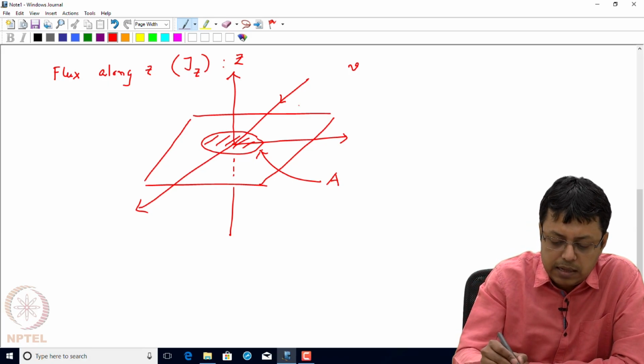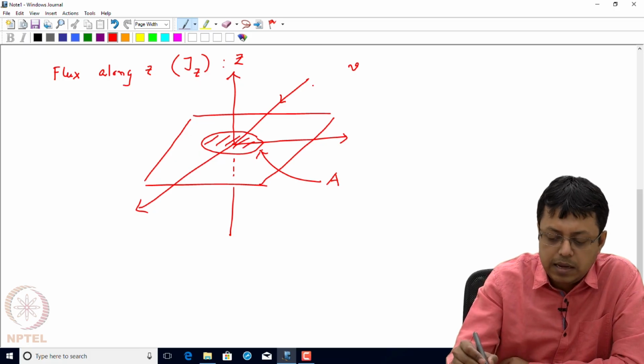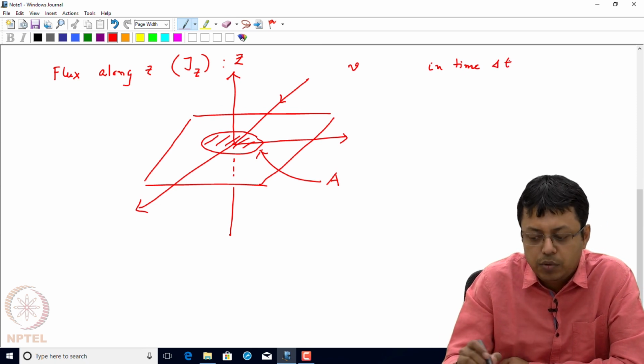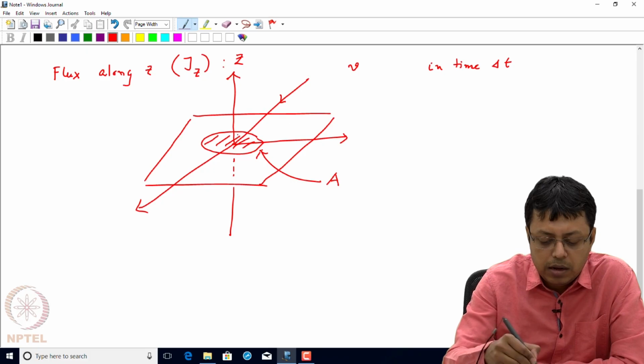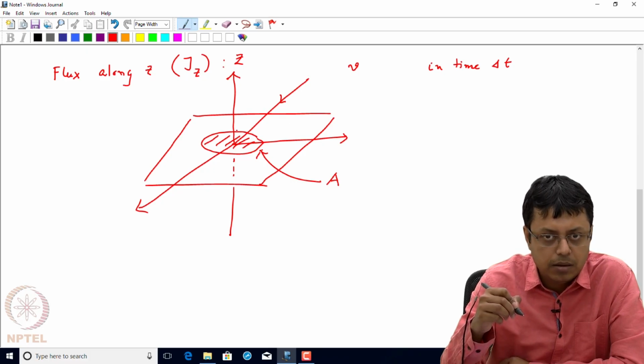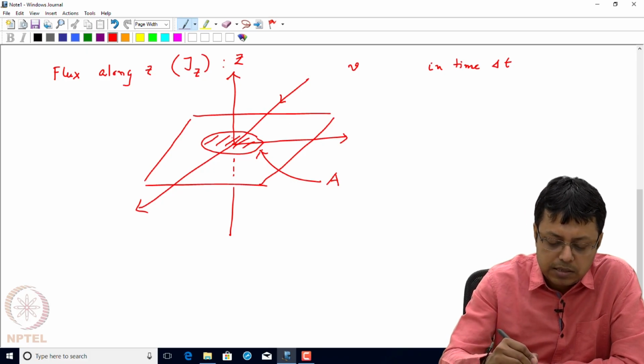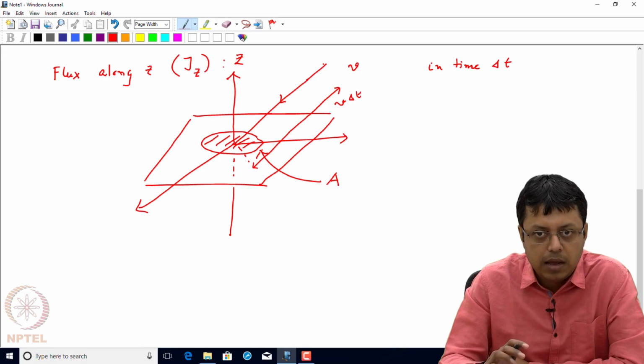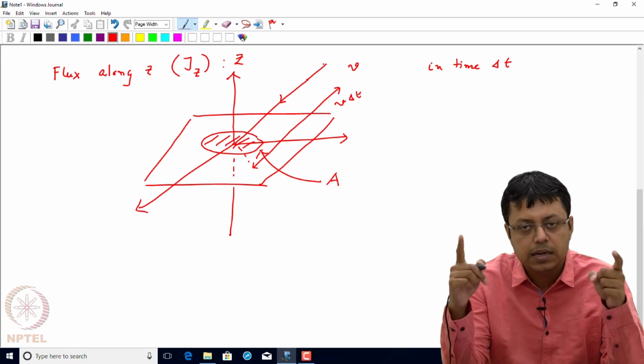Now, we can ask: in time delta t, how many molecules with velocity v will strike this particular area? This is very simple to calculate, because the molecules within a distance of v into delta t will come and hit this surface, since v is my speed and delta t is the time.